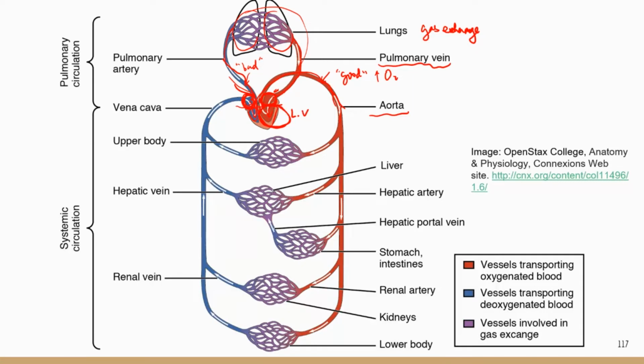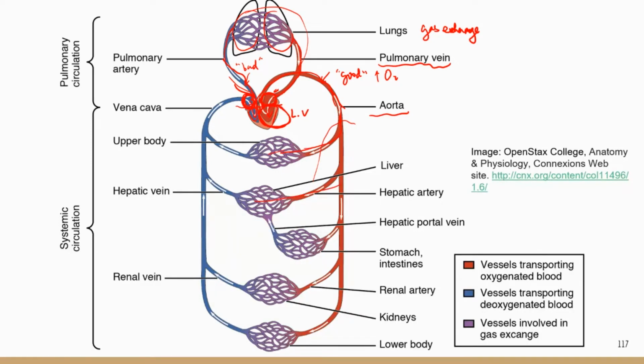And through the tissues, you have capillaries, which are even smaller. So those blood vessels will deliver the oxygenated blood to tissues and cells. Don't worry about this part. It just kind of shows you the branches of the aorta that will go into some of the major organs.